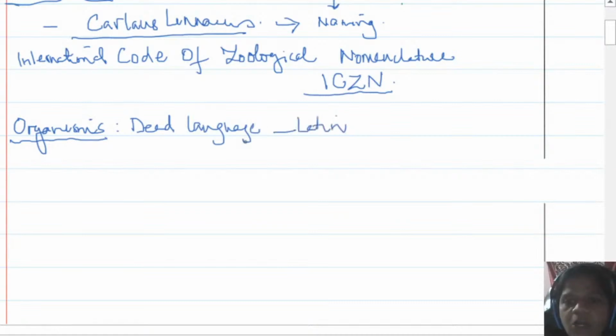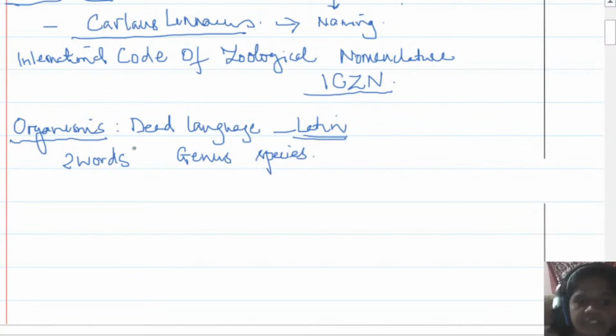That means all the names of the organisms are Latinized or derived from Latin, not English. And each name consists of 2 words. This we already know, right? The first one is called the genus, and the second is called the species.